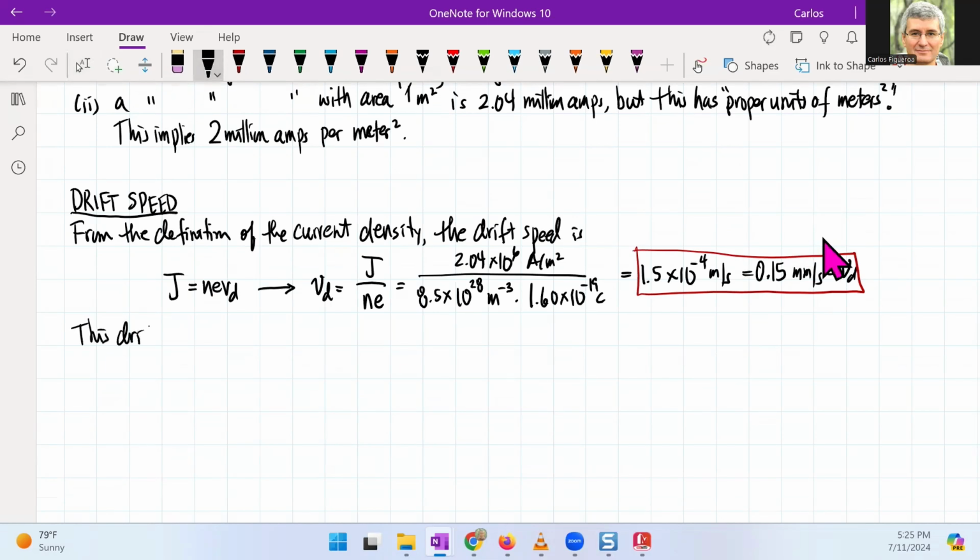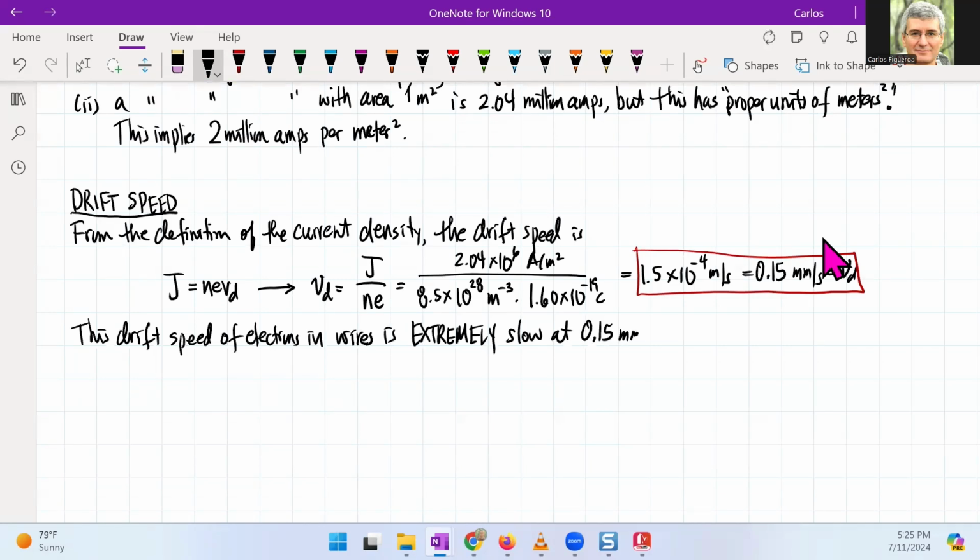This drift speed of electrons in wires is extremely slow at 0.15 millimeters per second. It is so slow.